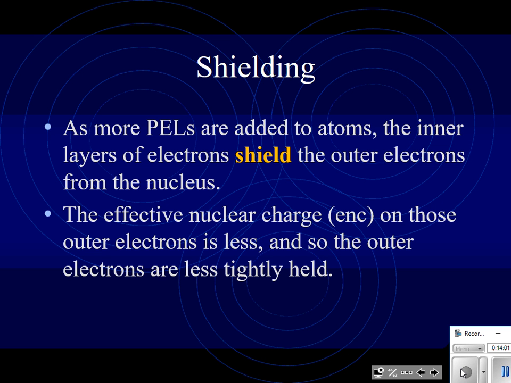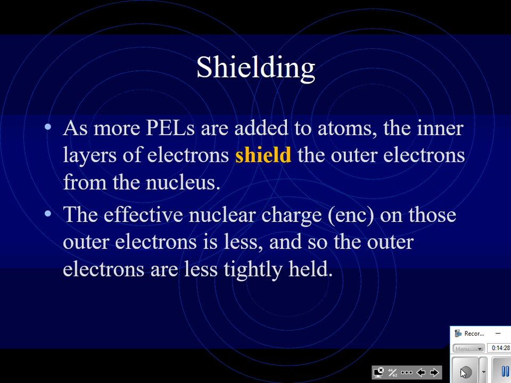That's just saying that the pull of the nucleus, the effective nuclear charge, is less for the ones that are further and further out than it is for the ones that are closer. Makes sense, doesn't it? You would think that the pull of gravity of the sun would be greatest on Mercury, right?